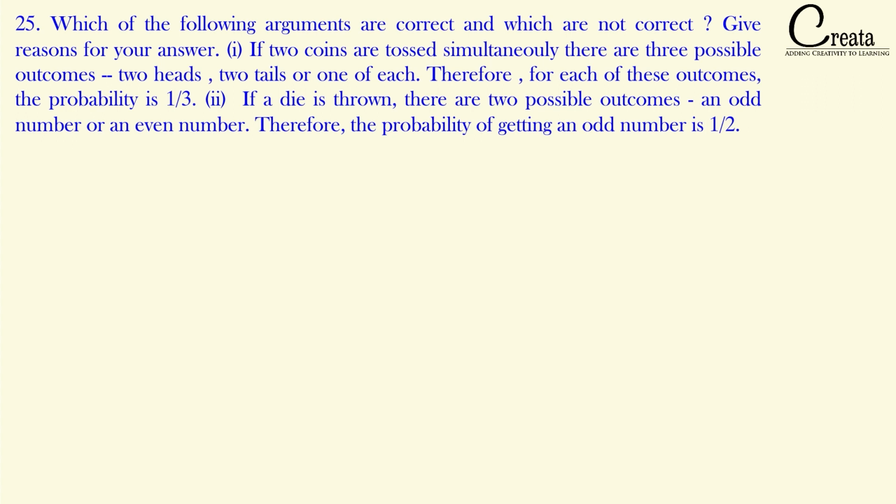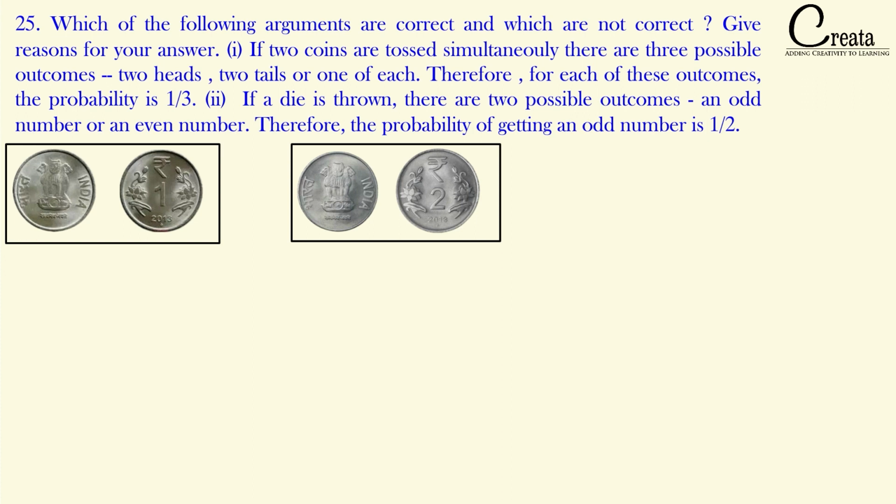Let's observe the question. 2 coins are tossed simultaneously. It means that we will get head and tail as the output from both the coins. The question framer is saying that it has 3 possible outputs: 2 head, 2 tail, or 1 of each, that is head tail. But this understanding is not correct.